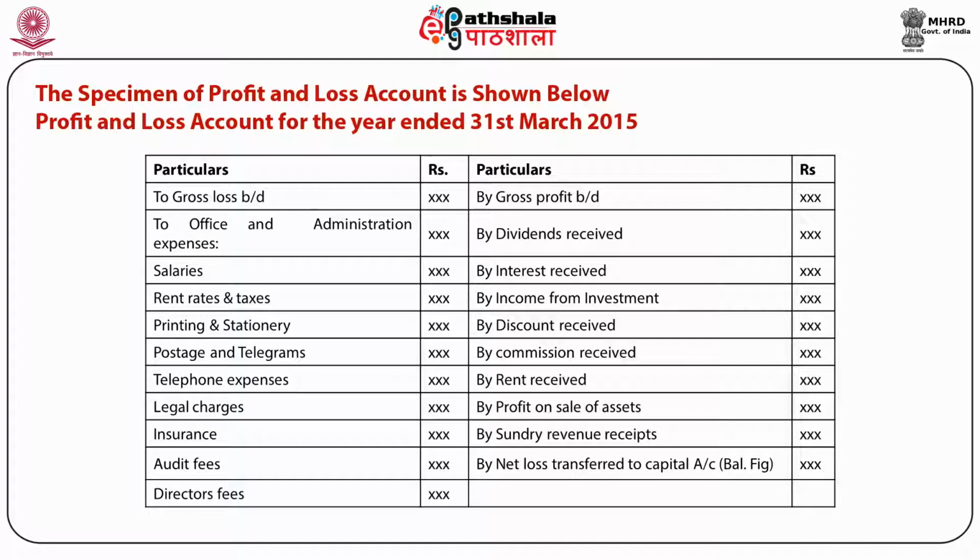If we have earned gross profit, it will be shown on credit side, and if firms are incurring losses, then gross loss will be shown on the debit side of the profit and loss account.